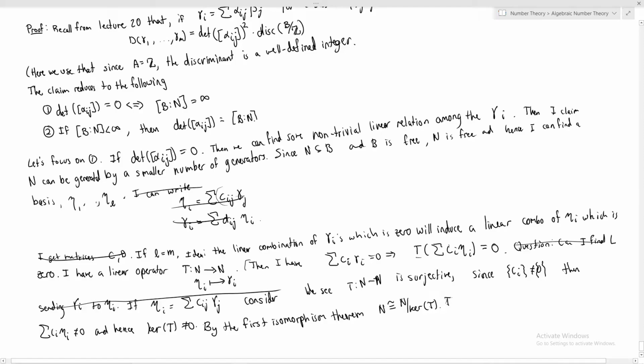How do I want to say this? This is a contradiction. Why is this a contradiction?